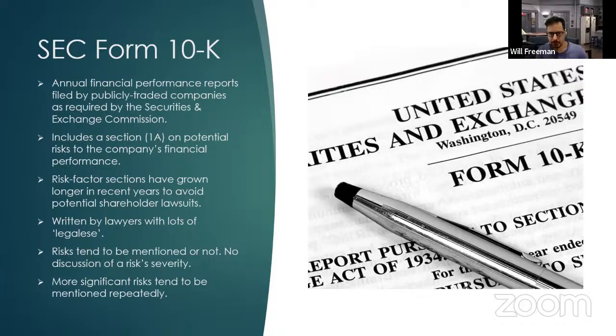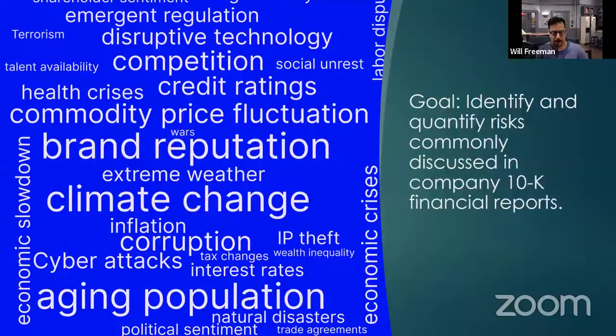And the job here was to try to look at what risks are discussed in the entire corpus of all these 10K reports, as well as how severe they were or some sort of quantification of them. And that can be difficult when there's no kind of adjectives of severity. These are just an example of the different types of risks that you might run into in 10K reports.